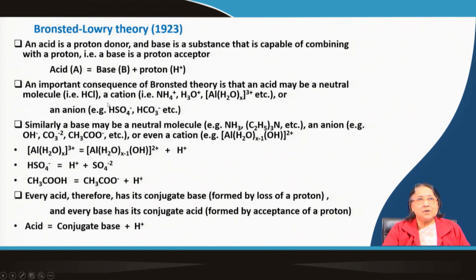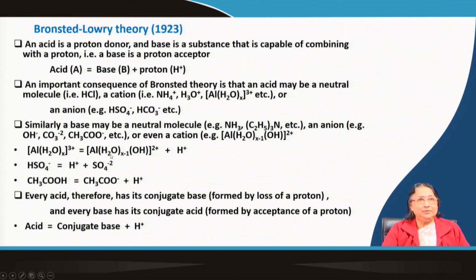an acid, or even some anions like bisulfate or bicarbonate, that also can be explained. Why? Because you know this bisulfate can give proton, bicarbonate can give proton, so it is an acid. Ammonium ion can give proton, hydronium ion can give proton, so it is an acid. Now, similarly, in case of base, say for example, neutral molecule NH3, it can take up a proton to form ammonium ion, so it is a base.